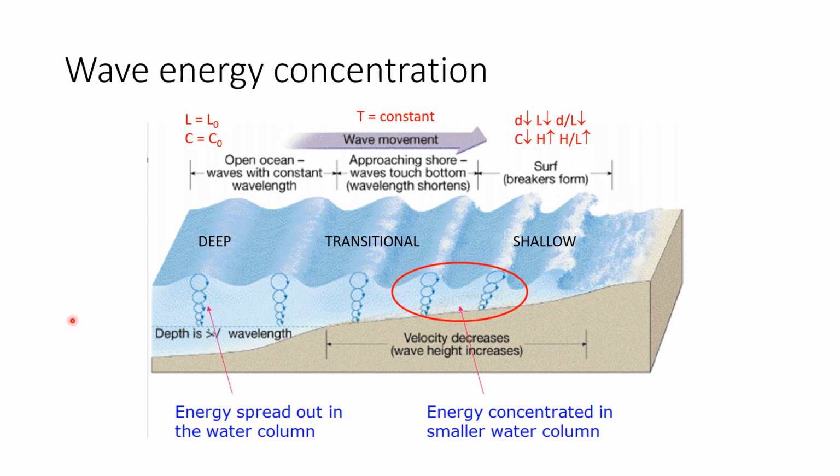What happens is that as the same wave propagates into the shallow water region, the circular orbital motion becomes increasingly distorted. When it becomes increasingly distorted, the sinusoidal profile of the wave also becomes increasingly distorted, so that the wave crest becomes sharper and sharper, so that the wave height increases because of the concentration of wave energy.